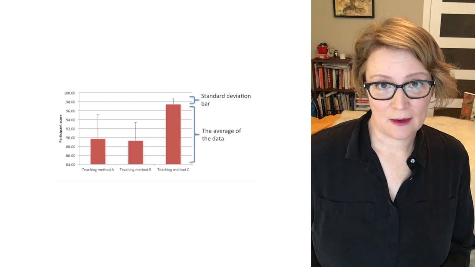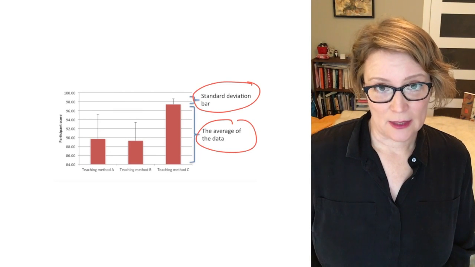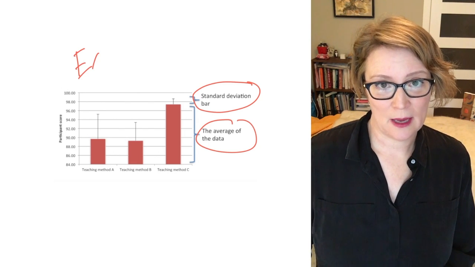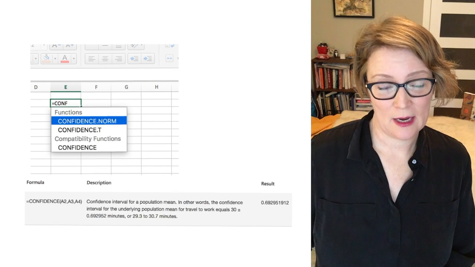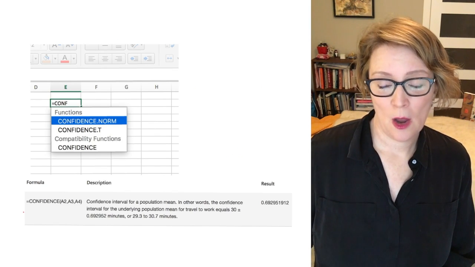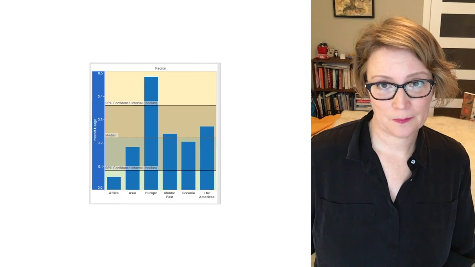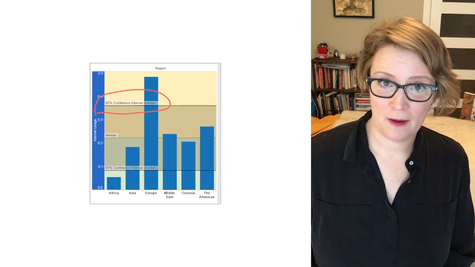So Excel has several functions that can calculate the standard deviations and the confidence intervals in tables, and then it can put those confidence intervals into either the text of your story or into the charts and plots that you might make in Excel. In addition, Tableau can also visualize different confidence bands.